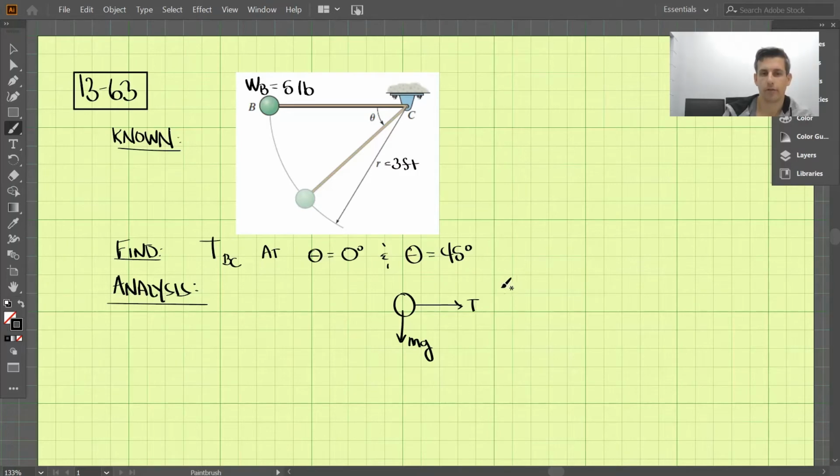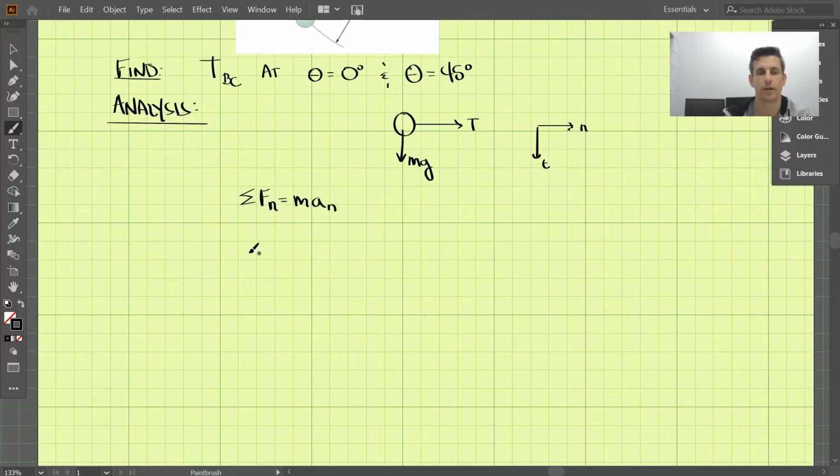If we want to talk about normal and tangential directions, we can make a coordinate system such as this, where this is t, the tangential direction, and this direction here is the normal direction. So let's sum the forces in the normal direction, and that should equal the mass times the acceleration in the normal direction.